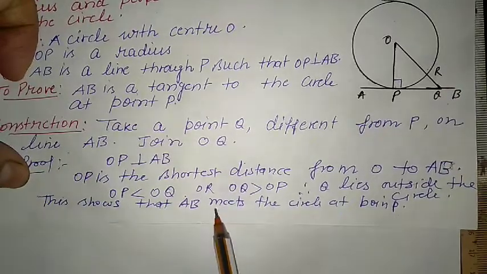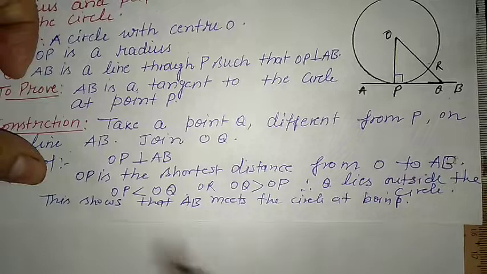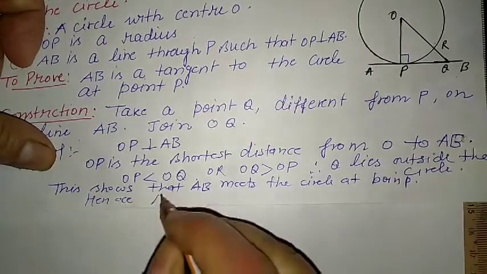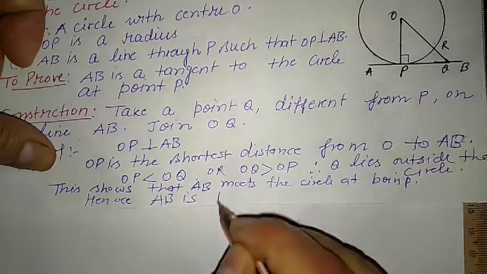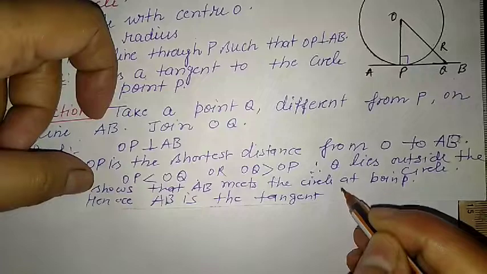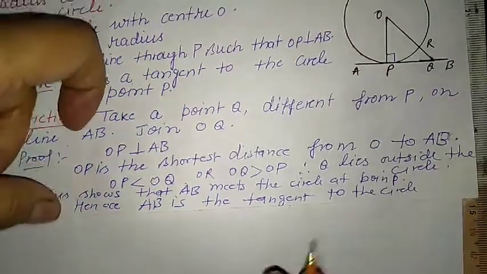This shows that AB meets the circle at point P. Hence, AB is the tangent to the circle at point P.